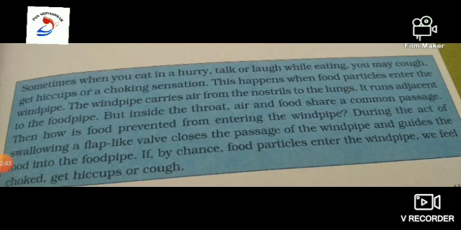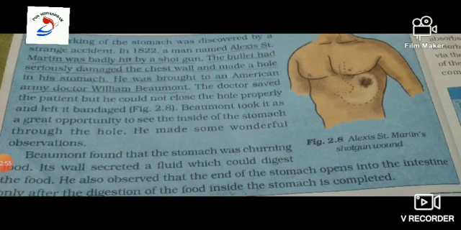Inside the throat, air and food share a common passage. During the act of swallowing, a flap-like valve closes the passage of the windpipe and guides the food into the food pipe. If food particles enter the windpipe, we feel choked, get hiccups or cough.